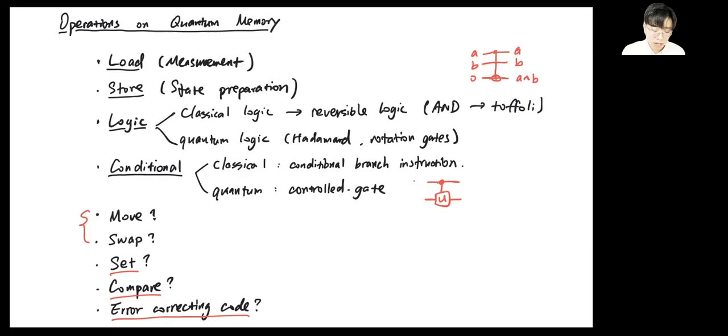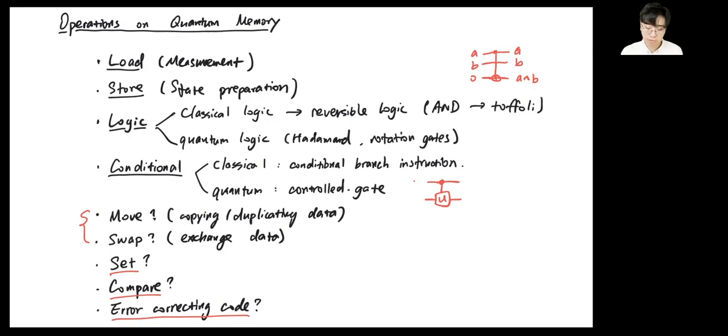So let's get back to the two operations that we are going to talk about in the lecture, namely move, which involves copying or duplicating data stored in qubits. And the second is swap, which is about exchanging data between two qubits or two systems of qubits. Okay, let's get to it.